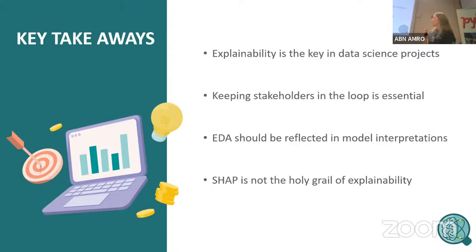Because engaging with our stakeholders is also important to be able to address their insights and their concerns throughout the project and make sure that everything is aligned with their objectives. And to achieve this, we also seen that we need EDA to see that everything we do makes sense in reality.